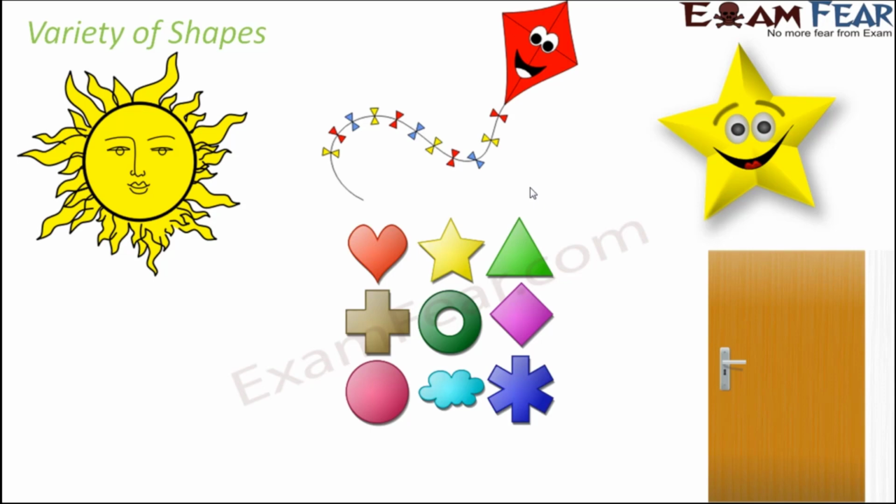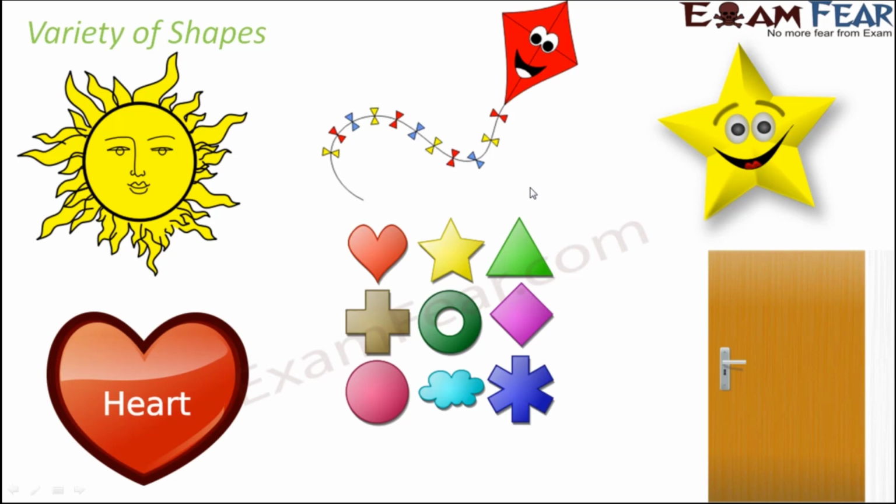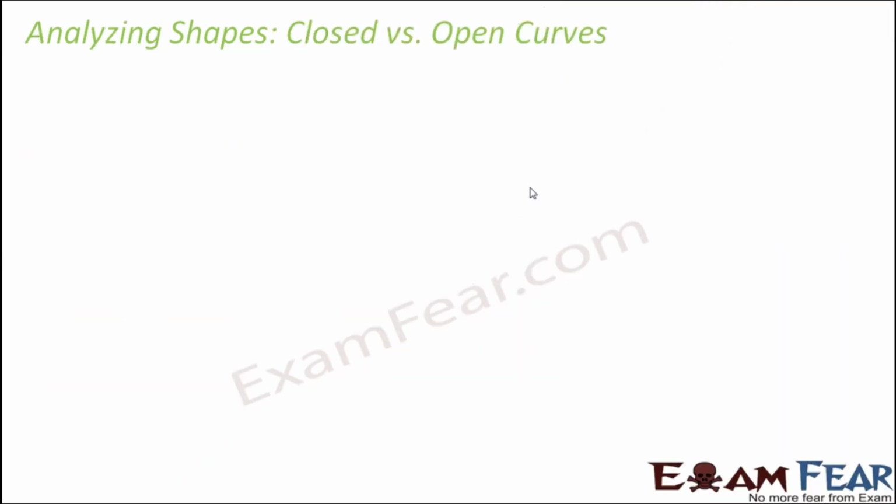They are different from each other, but at least both of these are formed by line segments. You think of the shape of a heart, that's again quite a different shape. So there are so many objects around us and we see all of them with different and distinct shapes. So in this lesson, we are going to analyze these shapes.